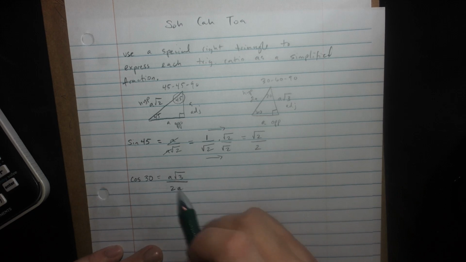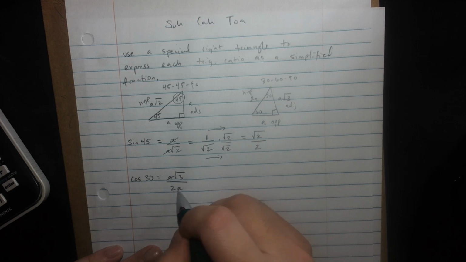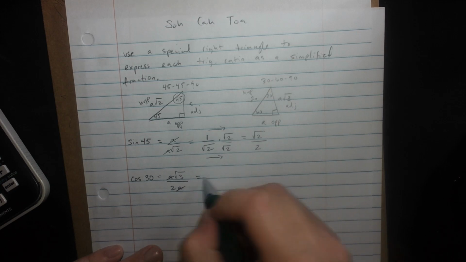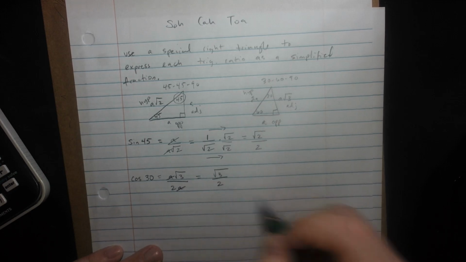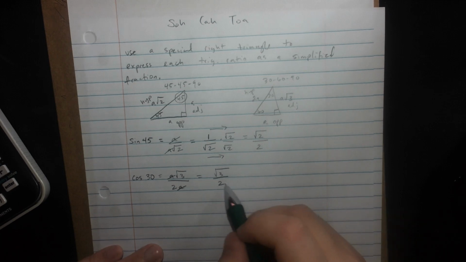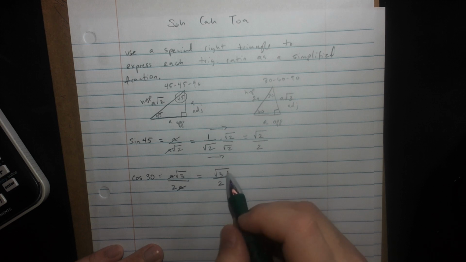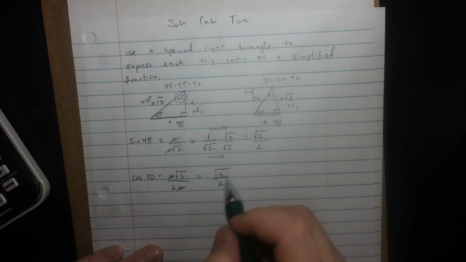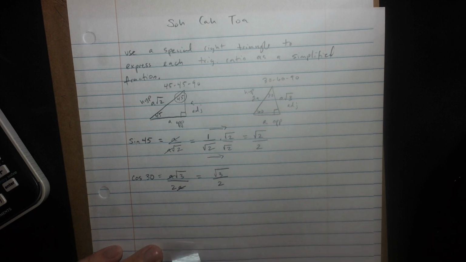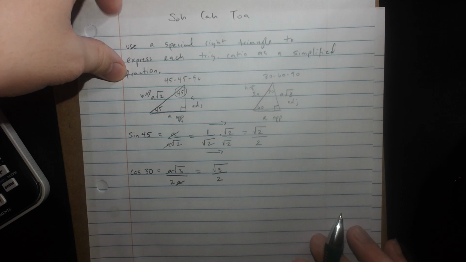Notice that we have a up top, a down below. I can cancel the a's, so that's just going to give me root 3 over 2. And 2 isn't a radical, so I don't need to rationalize at all. We have that square root of 3 up top, and that's good. It's already simplified. I can't break down that 3 at all. So cosine of 30, which is equal to square root of 3 over 2, is good.